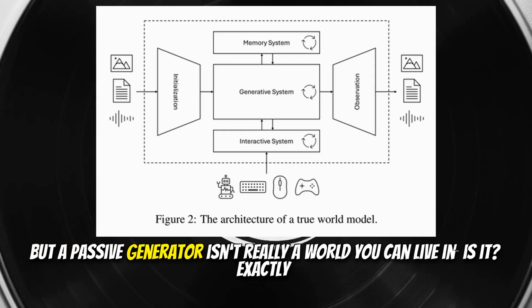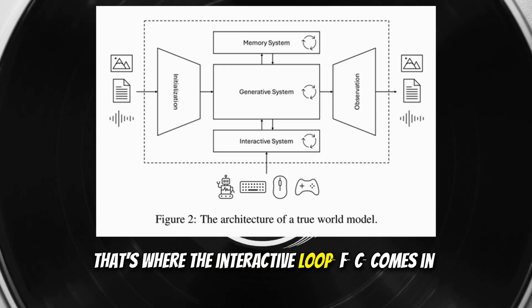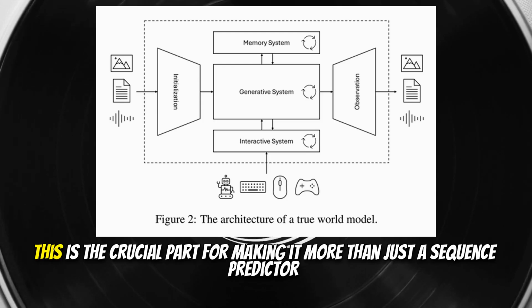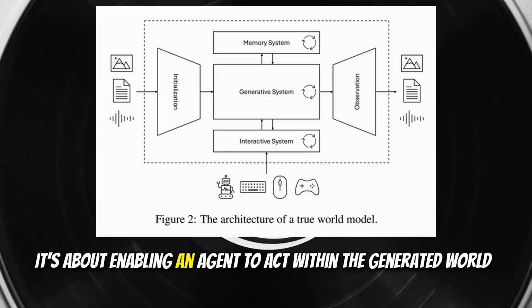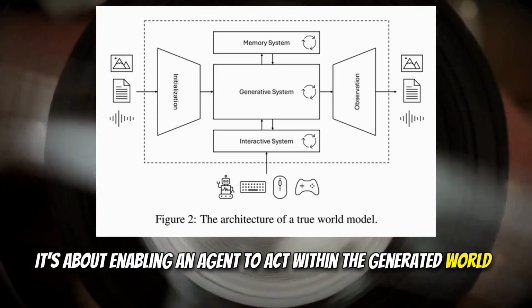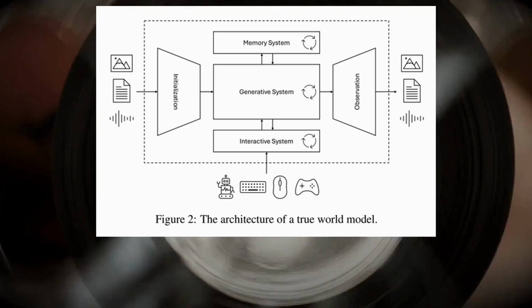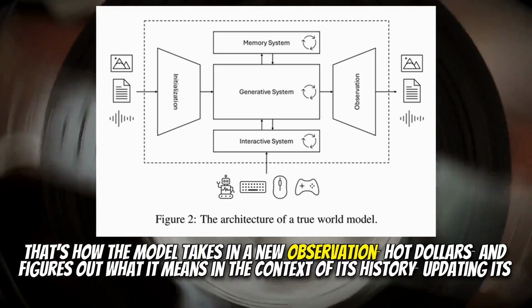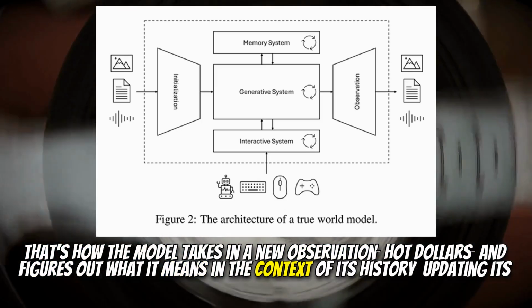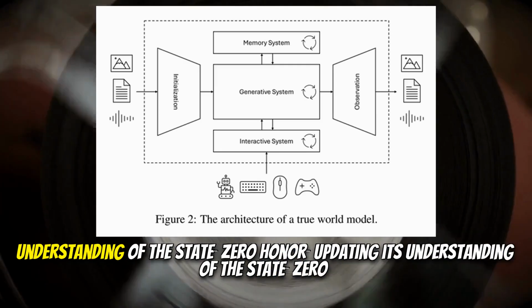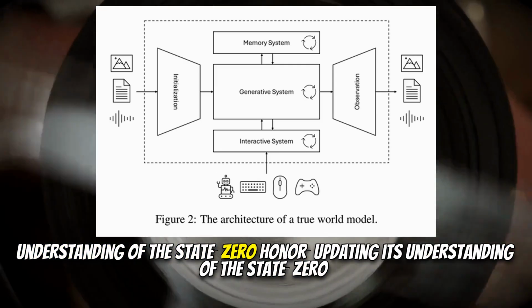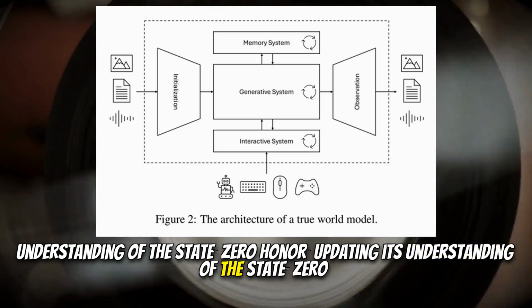But a passive generator isn't really a world you can live in, is it? Exactly. That's where the interactive loop, FC, comes in. This is the crucial part for making it more than just a sequence predictor. It's about enabling an agent to act within the generated world. So F is the inference filter. That's how the model takes in a new observation, o_t, and figures out what it means in the context of its history, updating its understanding of the state s_t.